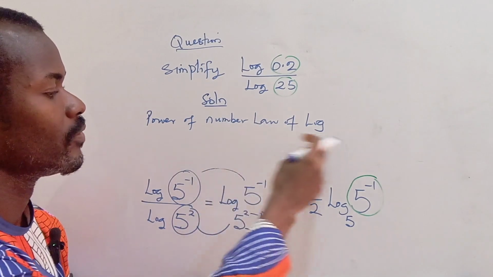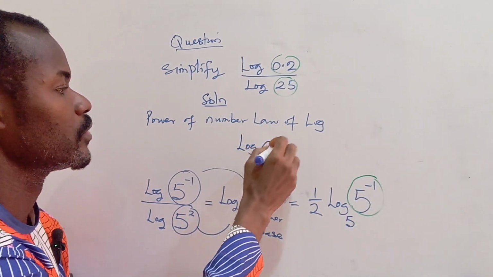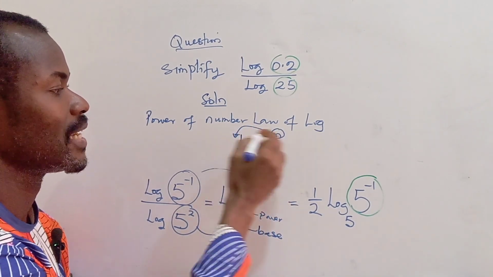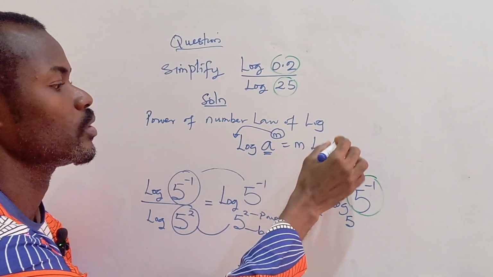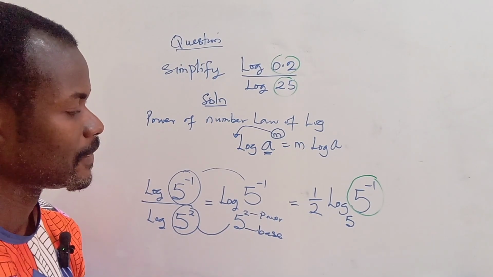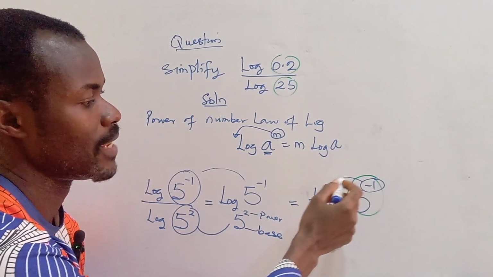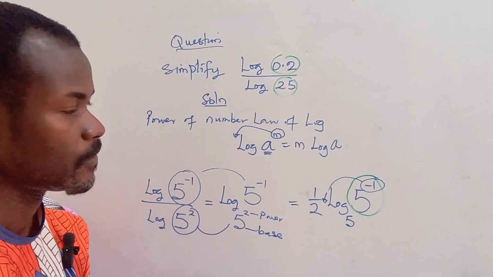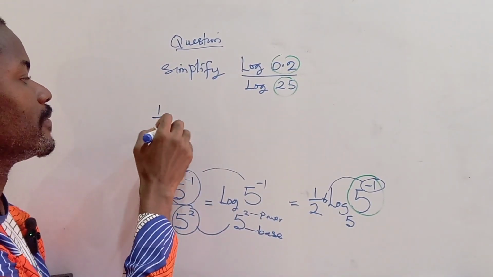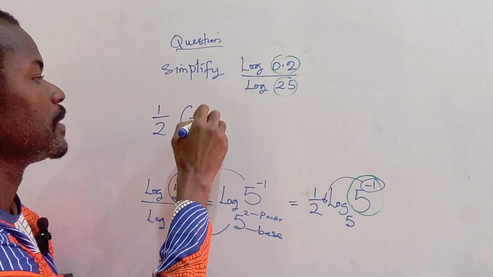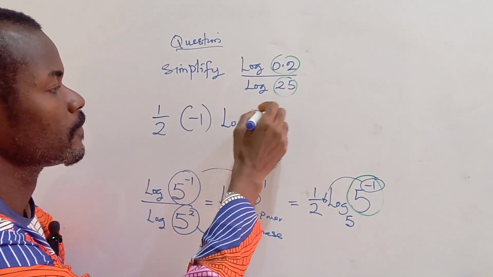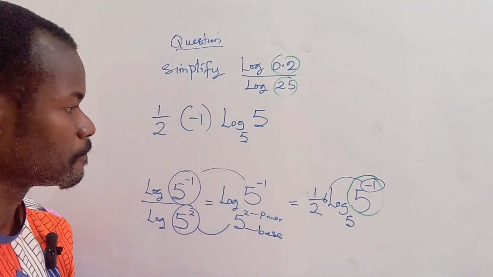The power of number law of logarithm is such that if I have log a raised to power n, where a is a number and this is the power, the power can come in front as a coefficient. So we have n log a. We are going to do that to this too. This is coming to multiply our one half here. So our problem becomes one half times minus 1 times log 5 over log 5.